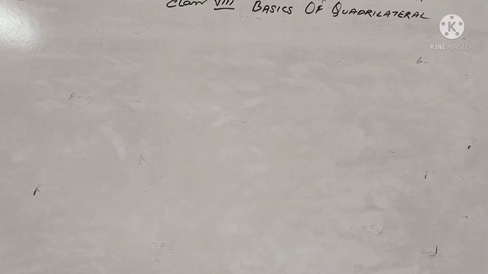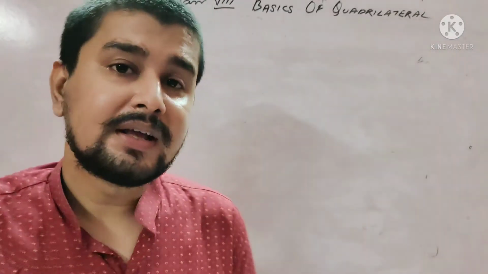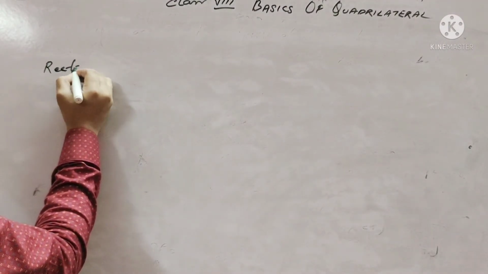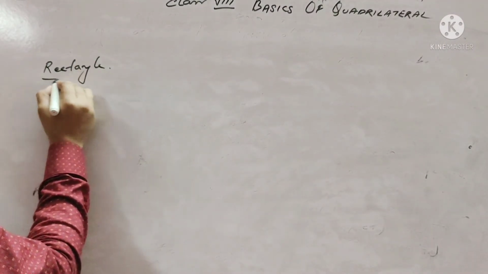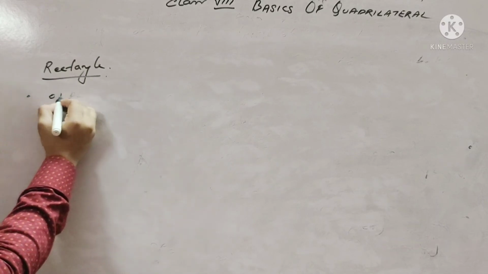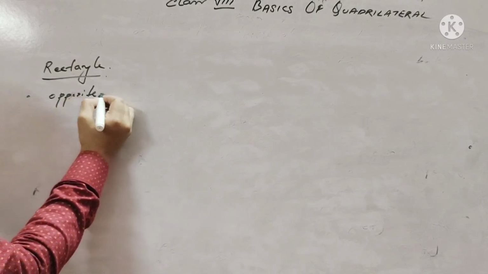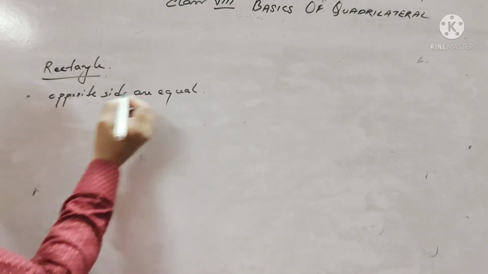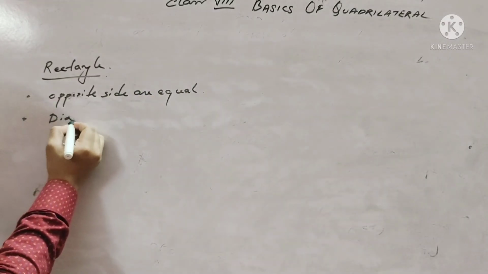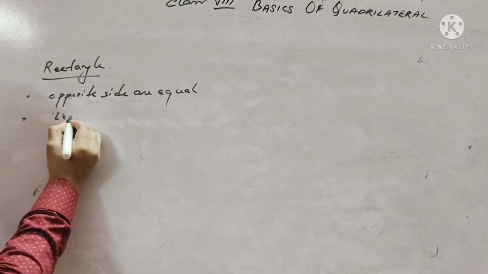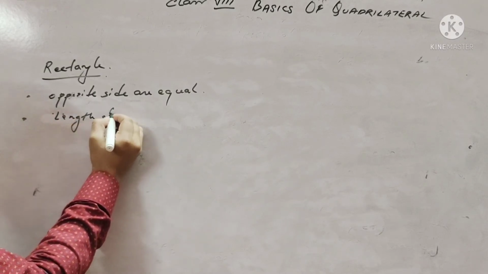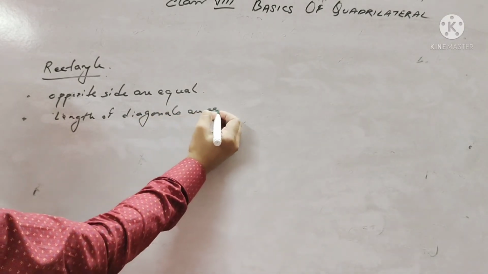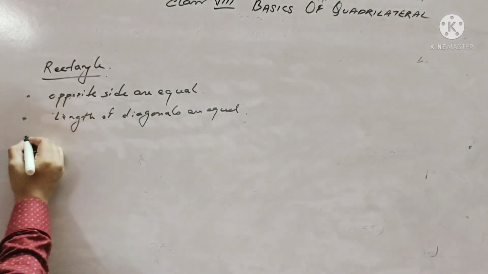Okay, learn some features for the next exercise, that is 13.4. Rectangle features. Number 1, opposite sides are equal. Length of diagonals are equal.